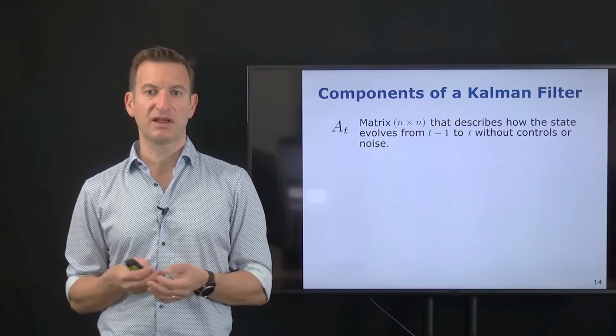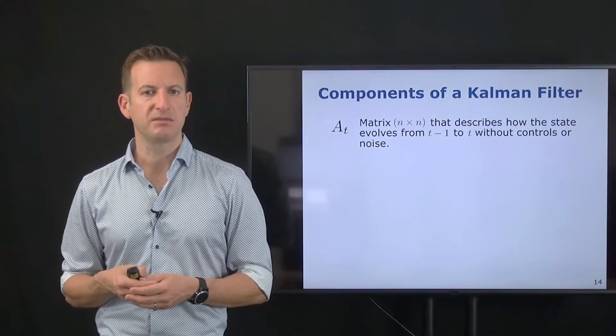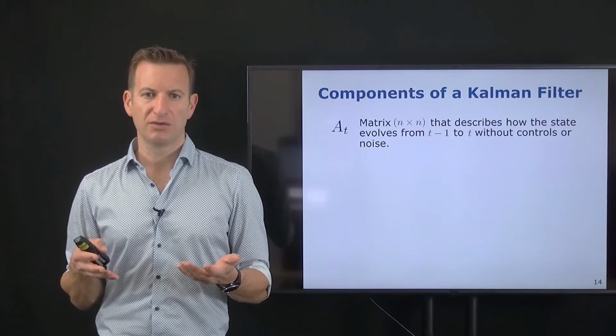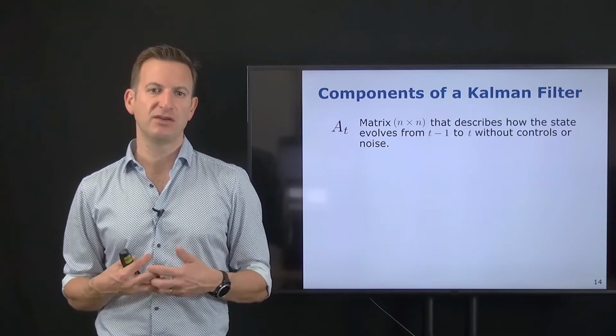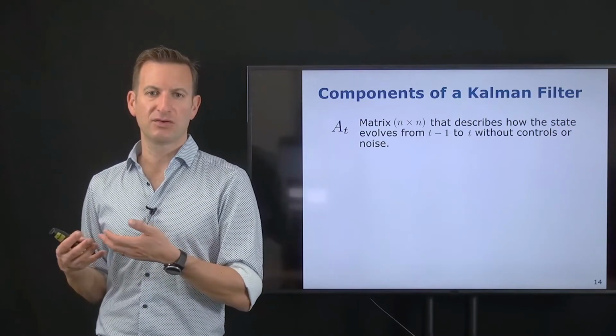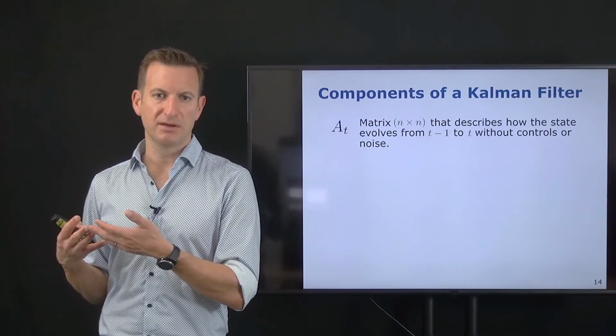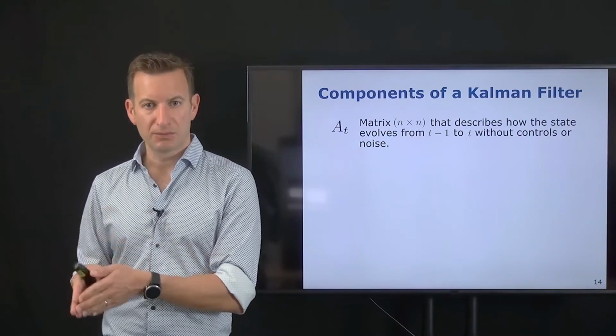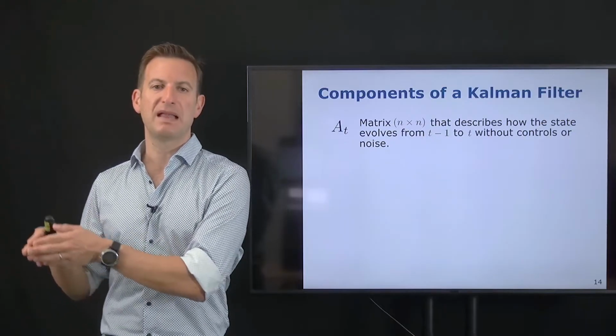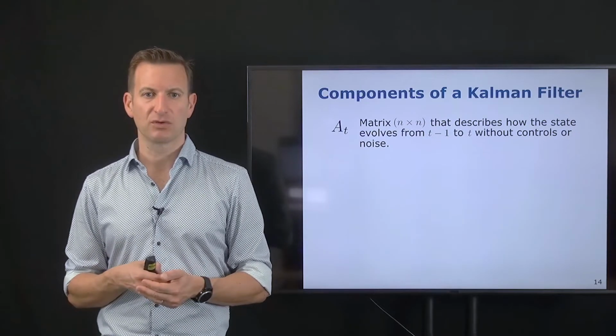In the most trivial case, this A_t may be an identity matrix, because if I don't do anything, my state shouldn't change. In this case, A_t is an identity matrix, and then it turns the belief about the state at time t into the previous state, x_t-1, plus the change that comes from the control command.